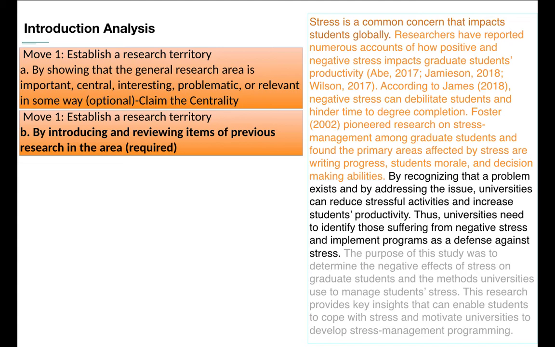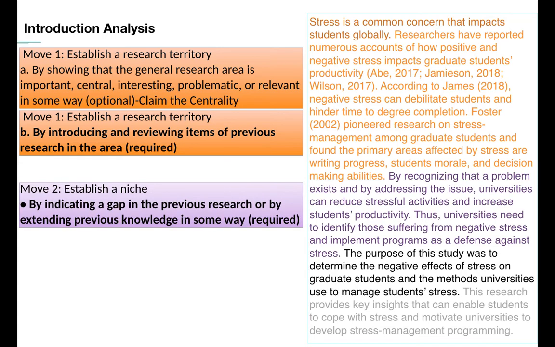Thus, universities need to identify those suffering from negative stress and implement programs as a defense against stress. So, what is this move? Yes, you're right. It's establishing a niche, indicating a gap in the previous research, or extending previous knowledge in some way.